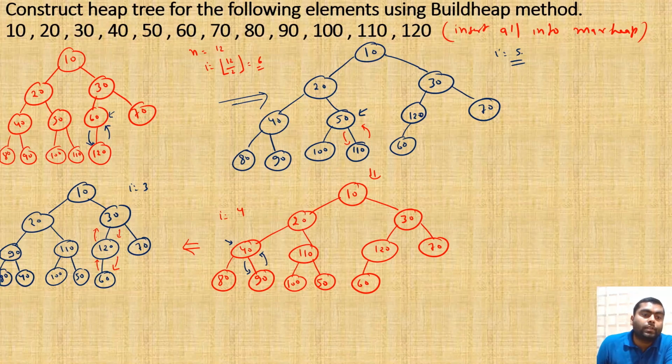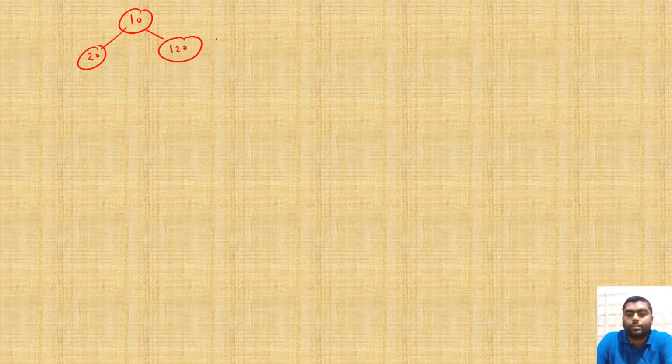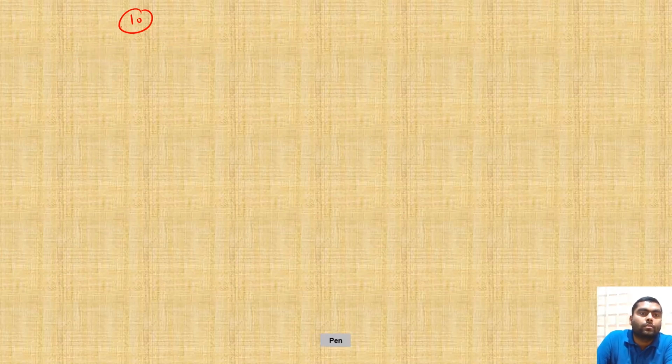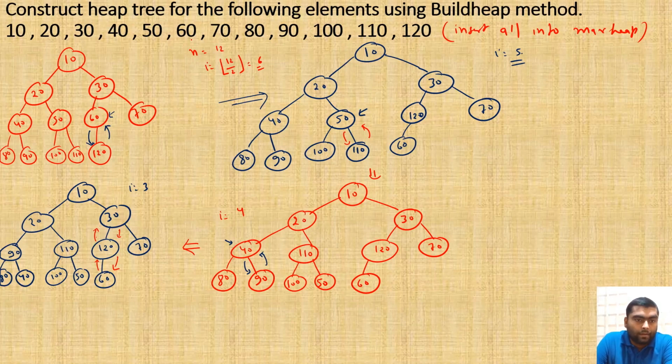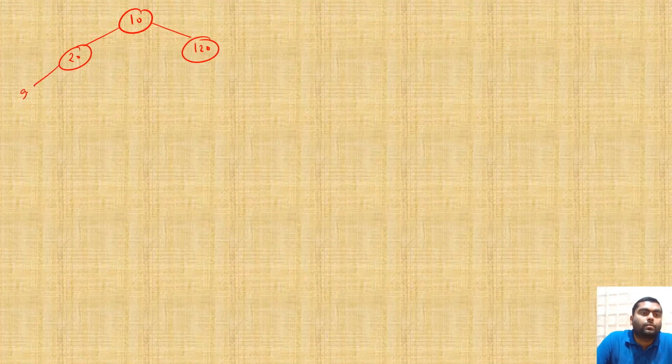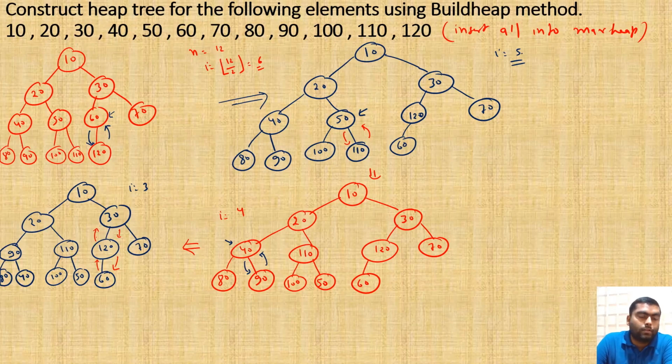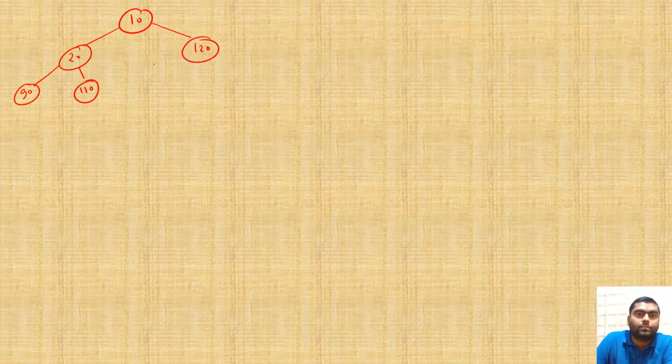So it is 10, 20 and 120, and after that 90, 110. 120 will be replaced, so 120 is over, then 60 and 70, 30.